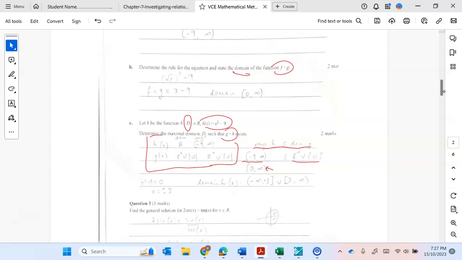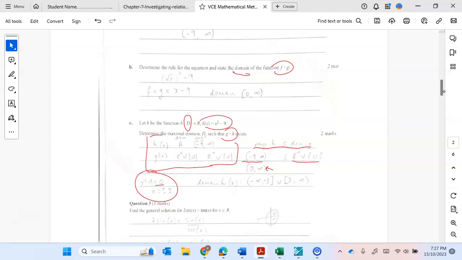So with that restricted range, I then have to go on and think about my domain. So you can see I've just done a little bit of working out here. So we want y to equal 0, so I've let it equal 0, so we're just then solving for x. And also consider whether those values are included or not.